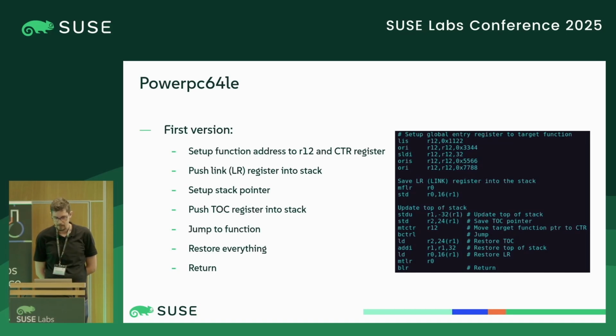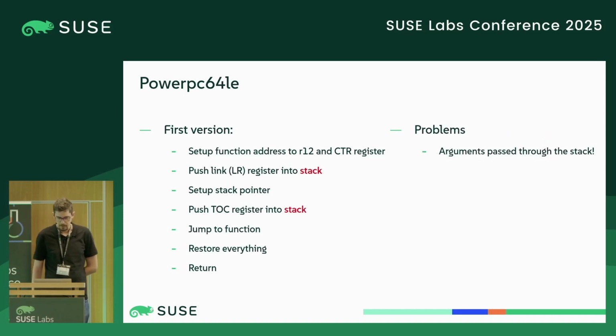We save the link register, which is used to redirect branch and call functions. We set up the stack pointer. We push the table of contents into the stack. We save everything. We jump to the new function. Then we restore everything, and then we return, and that works.